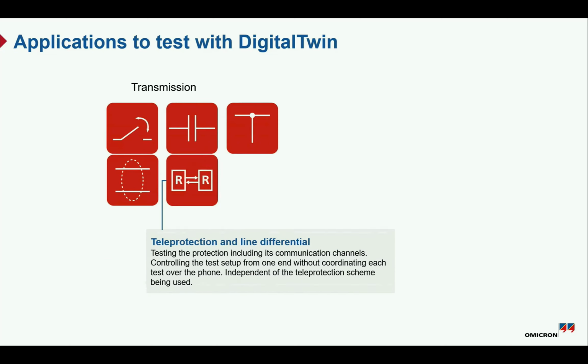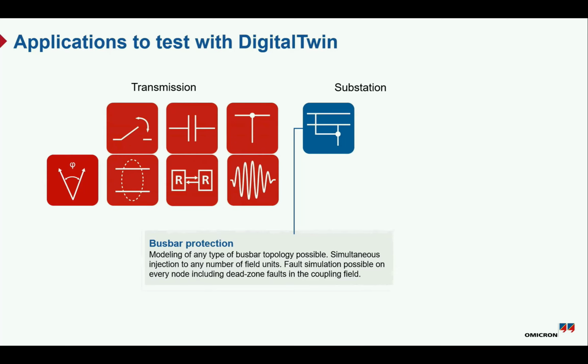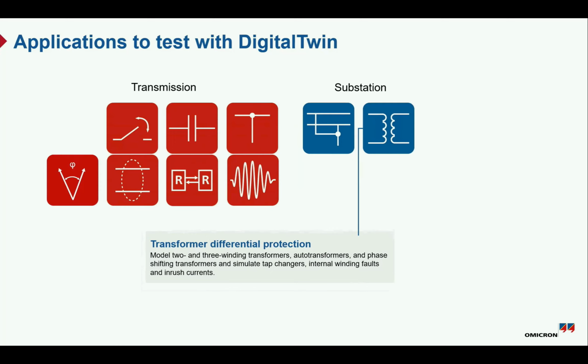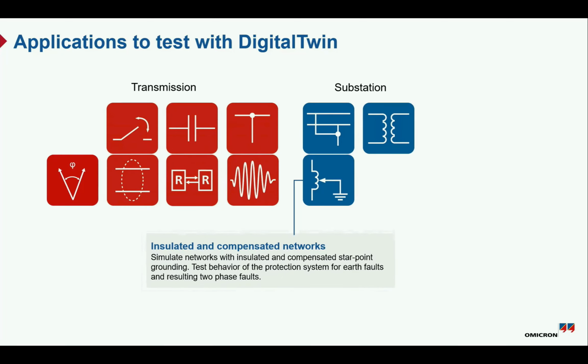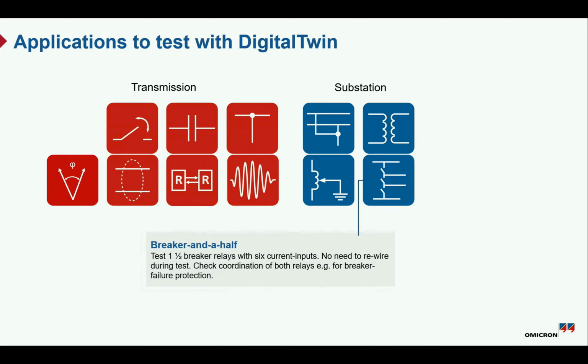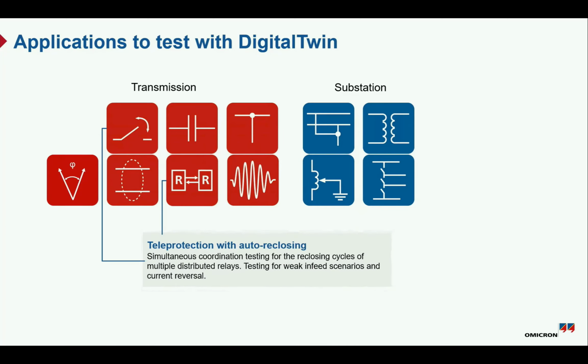And in the area of substations, we could test busbar protection systems, transformer differential protection. We could simulate different kinds of networks, so insulated networks, compensated networks, different compensated networks, breaker-and-a-half schemes. And of course, we can combine these applications.